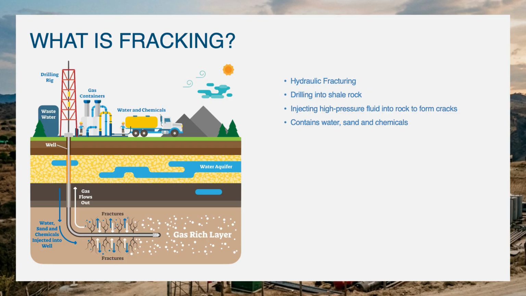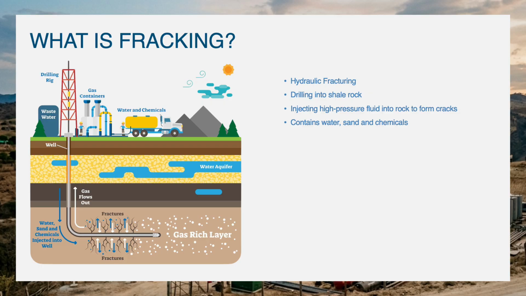A high pressure fluid is then pumped into the shale rock. This fluid contains water, sand, and chemicals. The pressure creates small cracks or fractures in the shale rock. The sand acts as a proppant. That means it keeps the cracks open after they have formed.